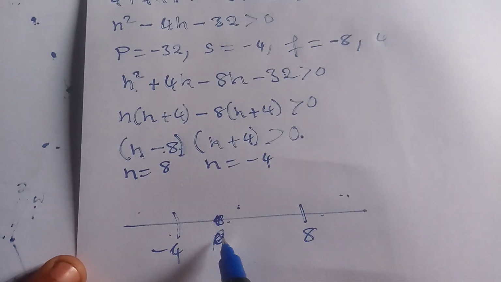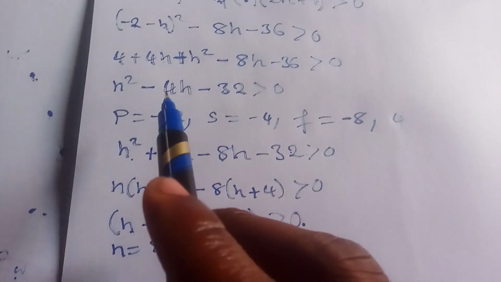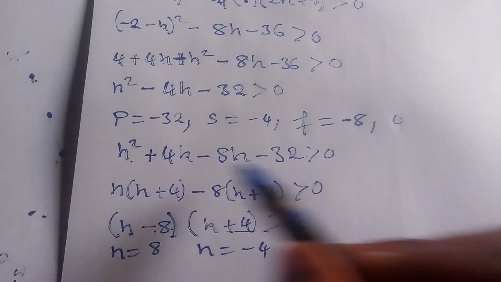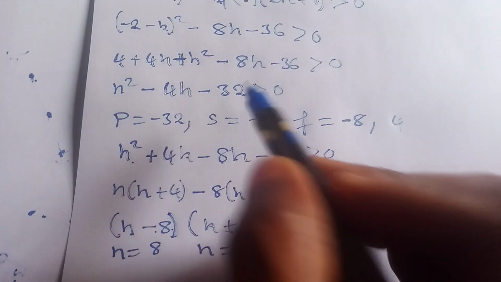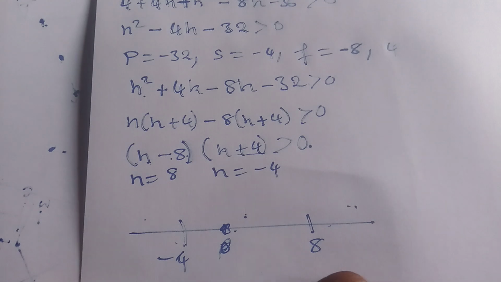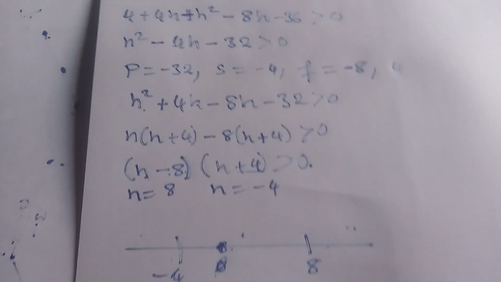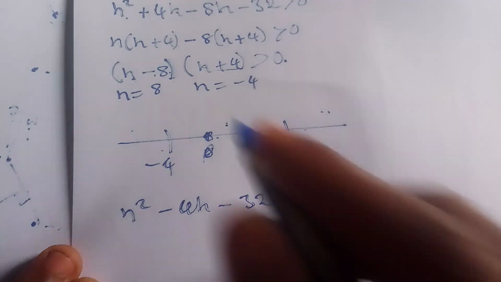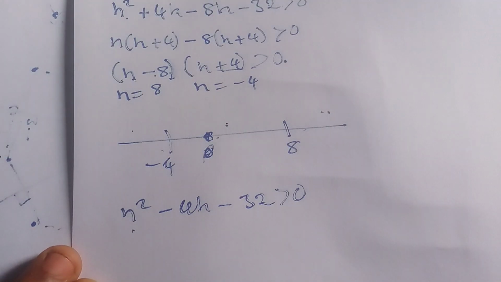So I'm going to get a 0 and test it in the original equation. By the way, you can even use this to test or that, but I'm going to use this. So h squared minus 4h minus 32 is greater than 0.